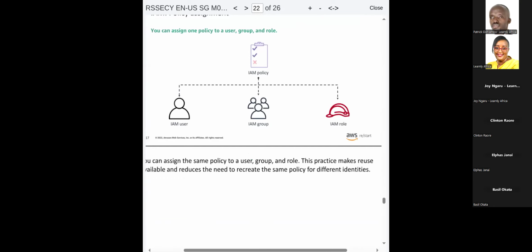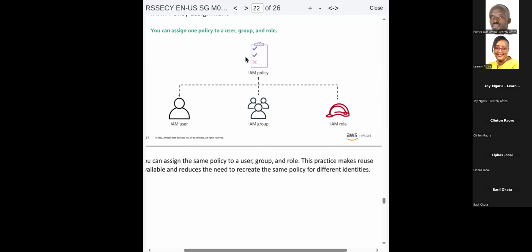IAM policy assignment. So an IAM policy, we said that it defines the permissions attached to multiple IAM entities, like the users, the groups, and the roles. So these are documents.